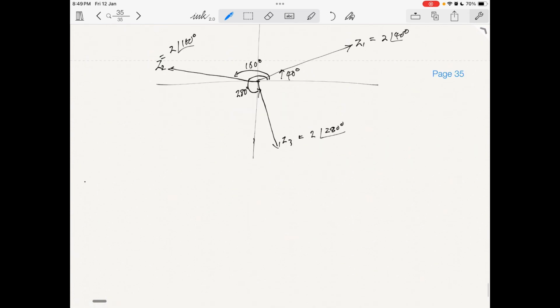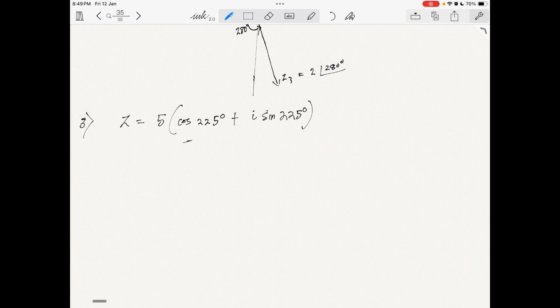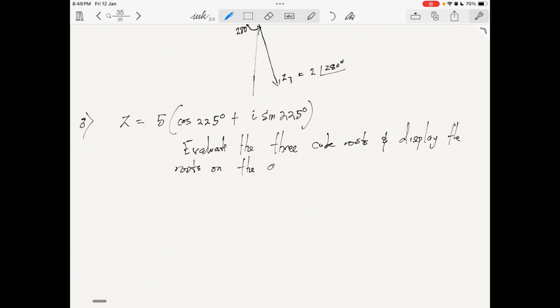Let's take two more examples. Now we are given Z is equal to 5 cos 225 degrees plus i sin 225 degrees, and we are asked to evaluate the three cube roots and display the roots on an Argand diagram.